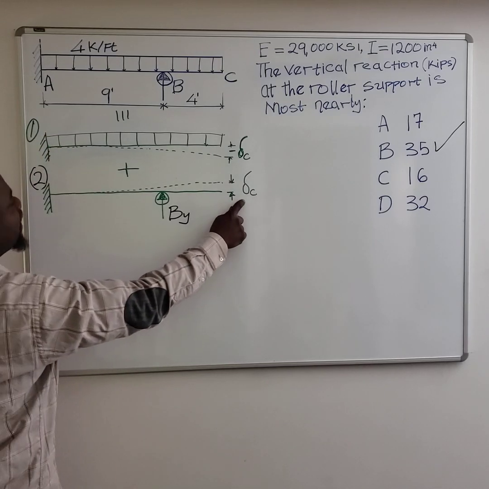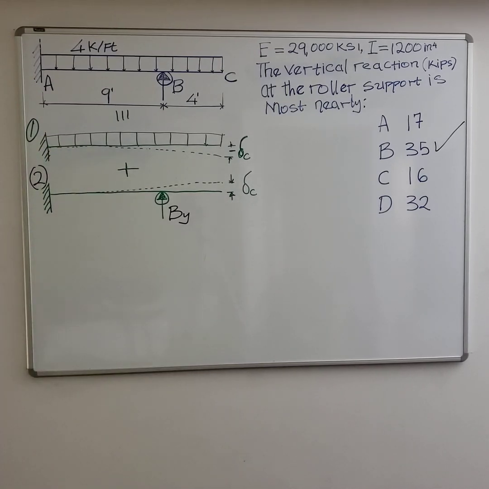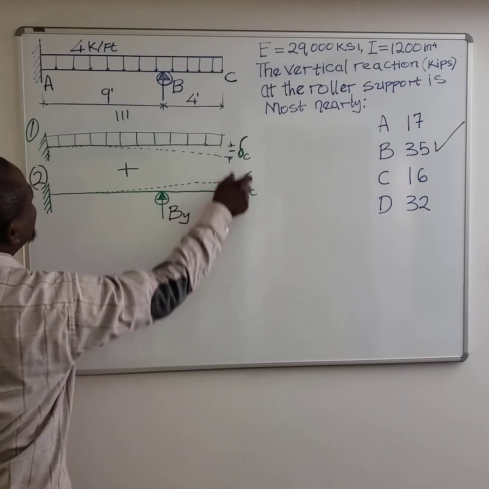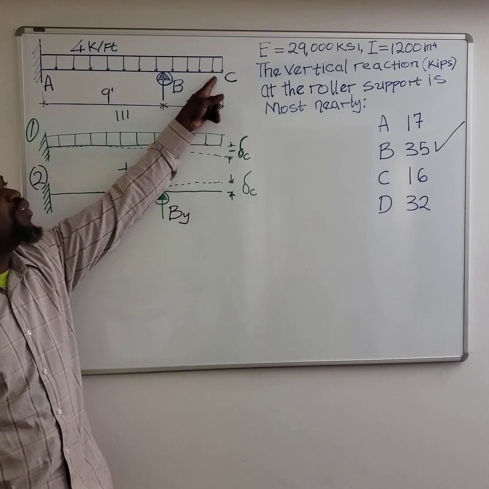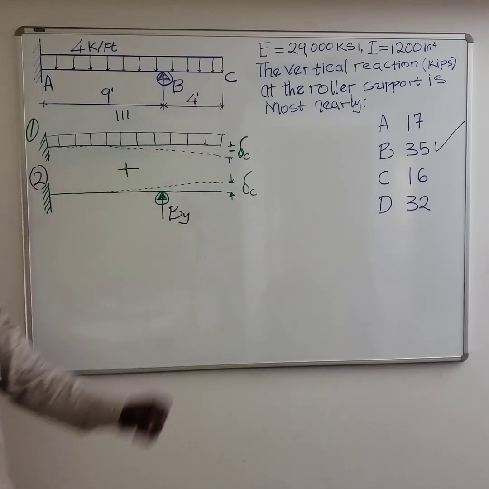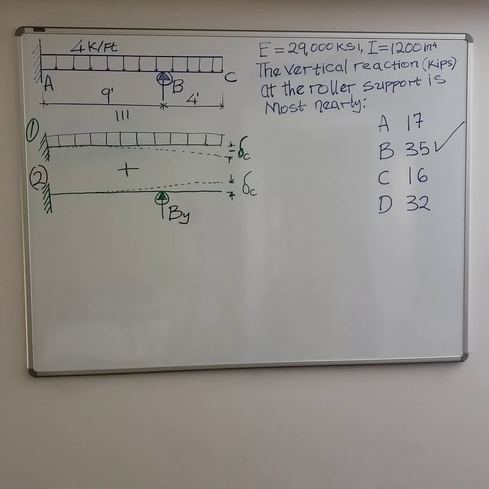So that gives you a positive deflection here. The concept is that when you add these two deflections, these two deltas, you should come back to 0, which is what you want here. You don't want it to deflect significantly.